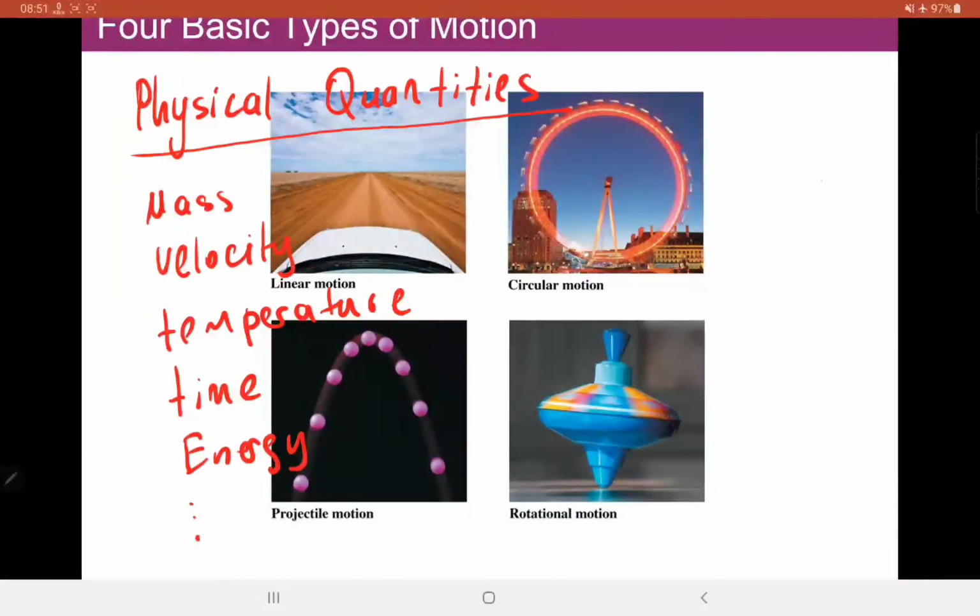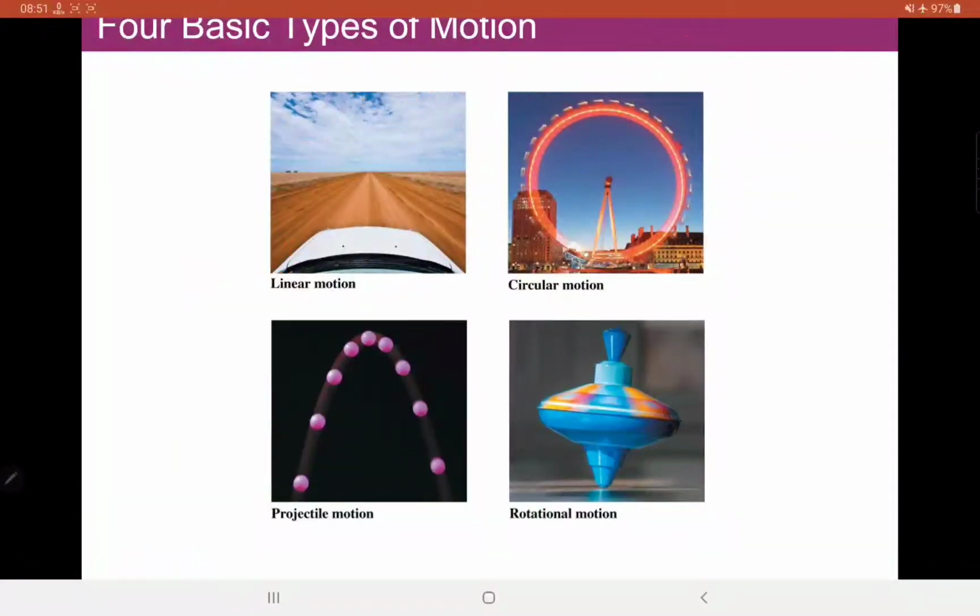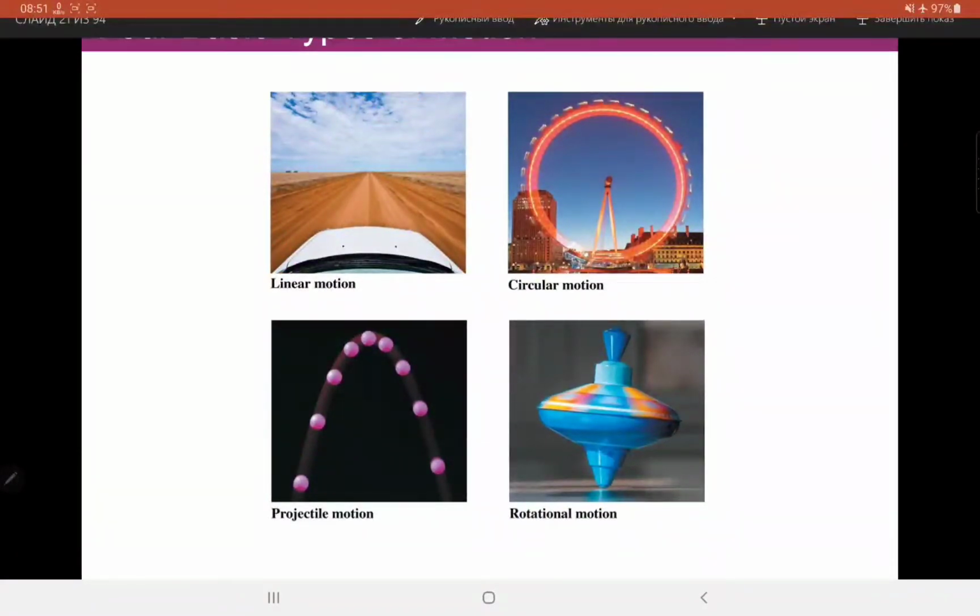First one is scalar quantities. Second one is vector quantity.